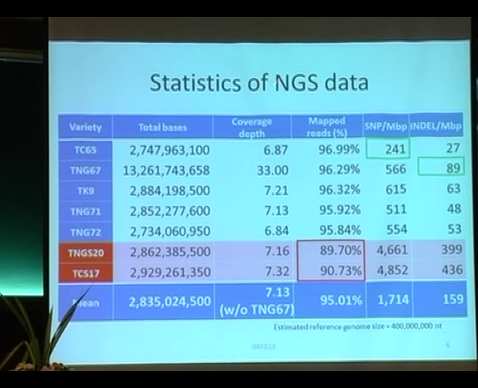Here you can see that after we got the sequence data, we did some preliminary analysis. The total base is 2.7 to 2.9 gigabases, but for Genome 67, because of the 101 paired-end, we get up to 13.2 gigabases.